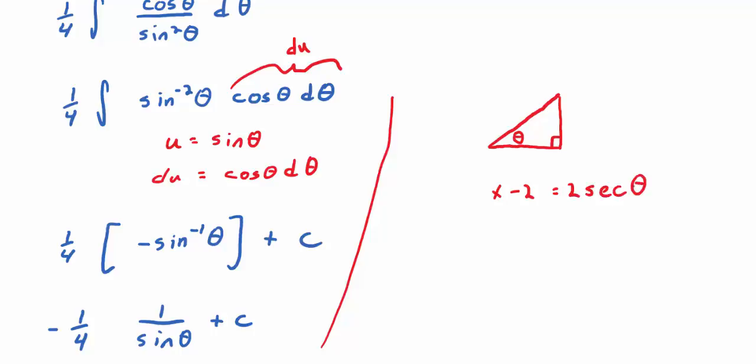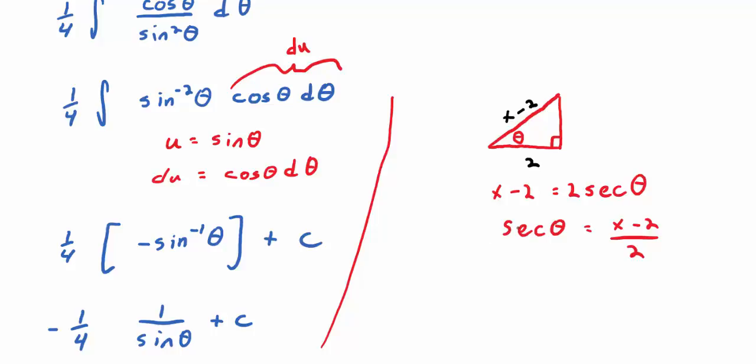But I think it'll be helpful to solve it for the secant of theta to get the correct ratio. So what does the secant of theta look like? There you go. Okay, so on our helper triangle here, which side are we going to label x minus 2? And then which side will we label 2?